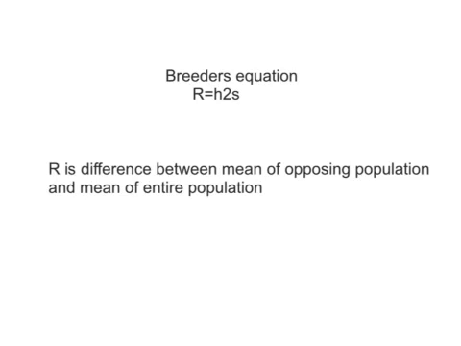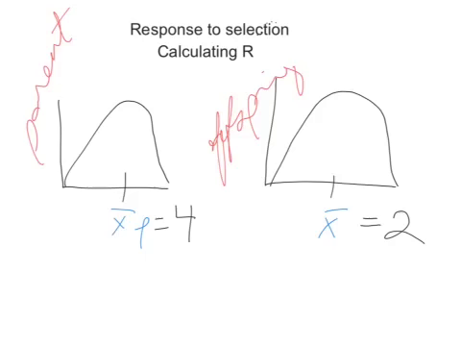So let's start with R. R is the difference between the mean of the offspring population and the mean of the entire population. Looking at this example, we are given two graphs. The first one shows us the parent average population, which is 4, and in the offspring, we have an average population of 2.